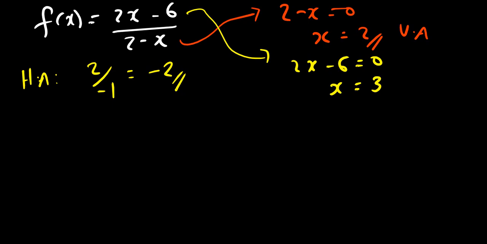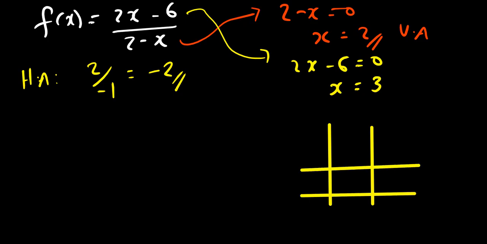So if we're going to draw a solution set, how many values do we have? We've got 2 values. How many equations do we have? We have 2. So you just do that.